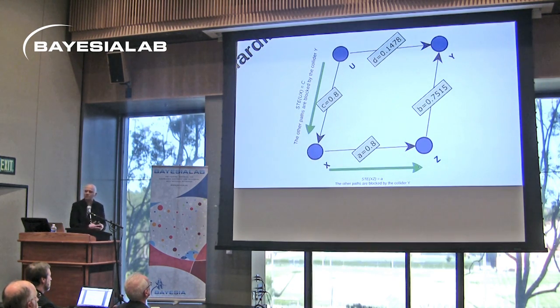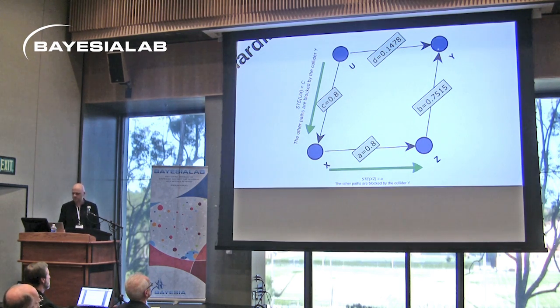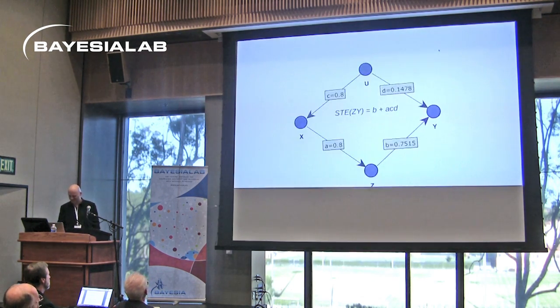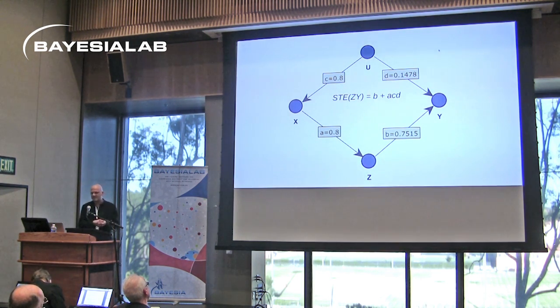Right? Then there is another one. If we want to compute the standardized total effect of x on z, this is just equal to a, for the exact same reason. I have the link x, z, and this is the only path, because this one is again blocked by y. Okay? Good. So now let's see how we can compute the standardized total effect, direct effect, sorry, of z on y.